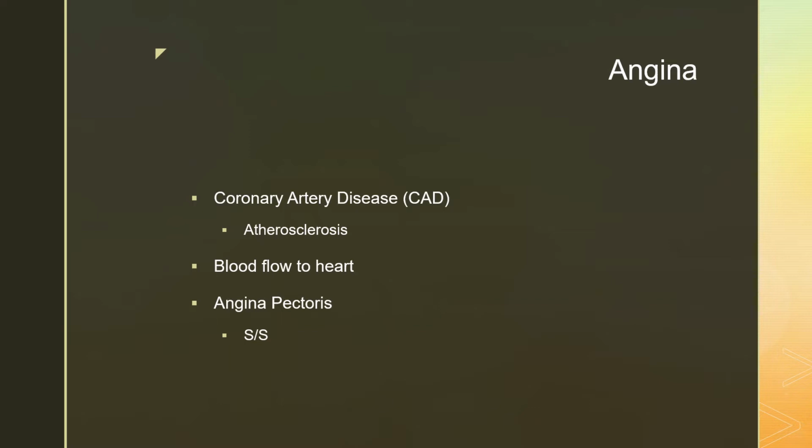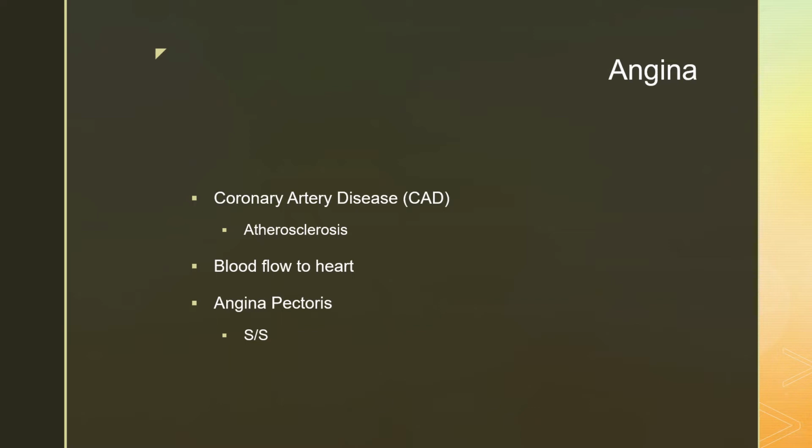Some common symptoms that you might see with chest pain is a steady, intense pain in the anterior portion of the chest. Pain may radiate to the left shoulder, left arm, spine, jaw. Now, important to note, women don't manifest maybe the same way.